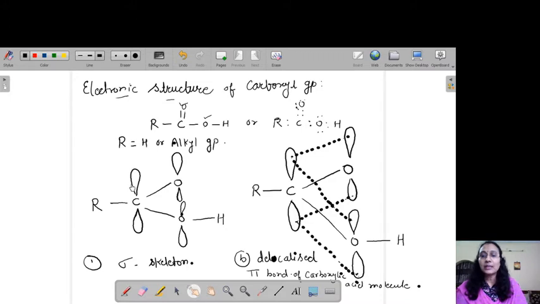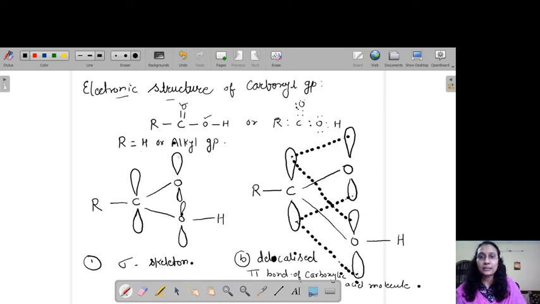To explain these structures, we need electron or neutron diffraction studies. These studies show that the COOH group is a planar species. When we say this is a planar species, it suggests that the carbon atom and the two oxygen atoms are in the sp2 state of hybridization.